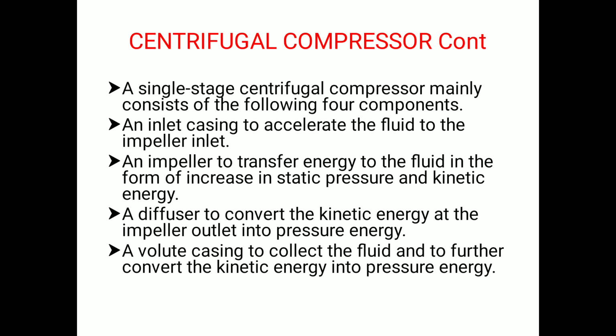A single stage centrifugal compressor mainly consists of the following four components: an inlet casing to accelerate the fluid to the impeller inlet, an impeller to transfer energy to the fluid in the form of increase in static pressure and kinetic energy, a diffuser to convert the kinetic energy at the impeller outlet into pressure energy, and a volute casing, which is used to collect the fluid and to further convert the kinetic energy into pressure energy.